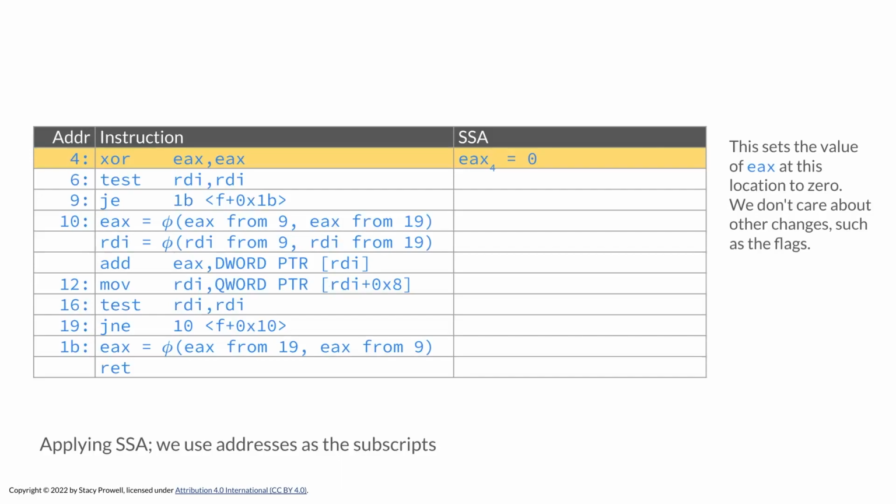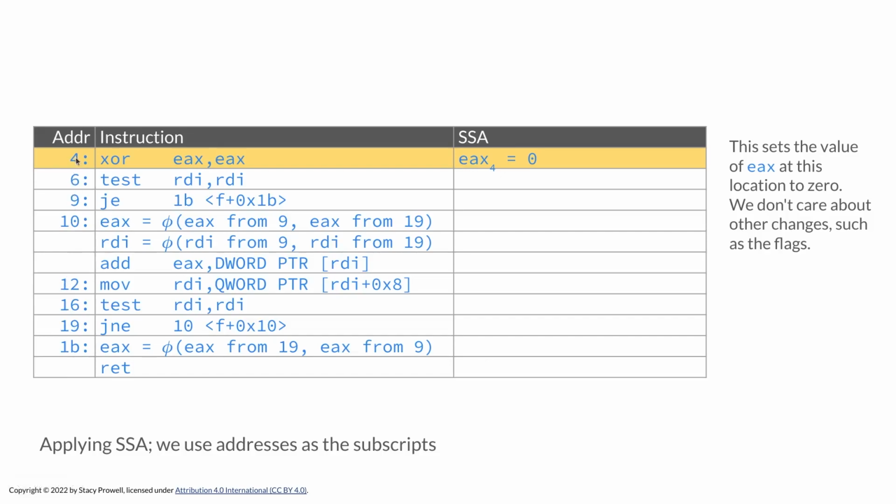Great, so now I have this new modified program. I've cleaned it up a bit from when we first saw it. I've added some phi functions to it. And now I want to walk through and try to generate the static single assignment representation. I'm going to make one change. Instead of, we can still have everything be 0 up here, but I'm going to subscript with the address.